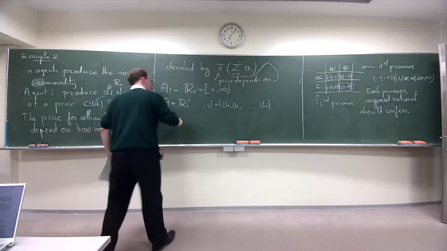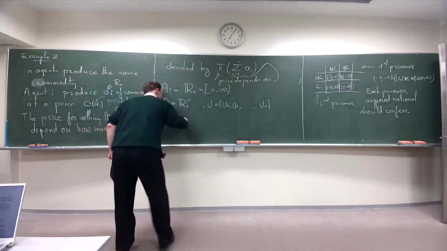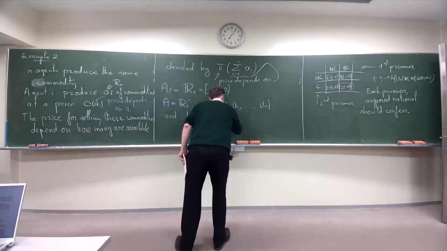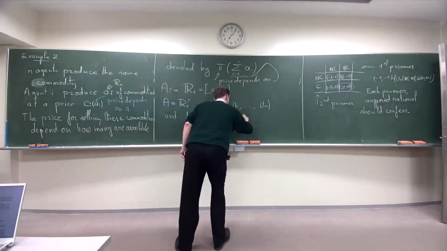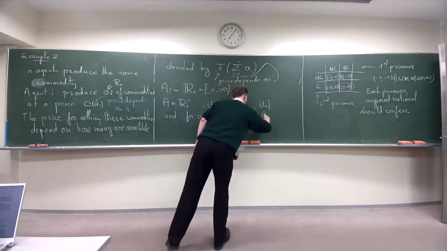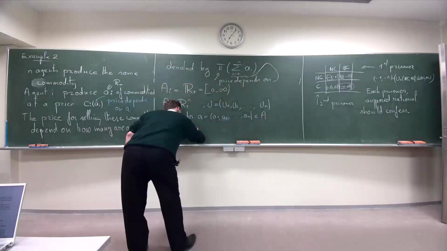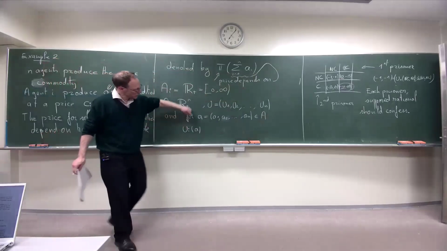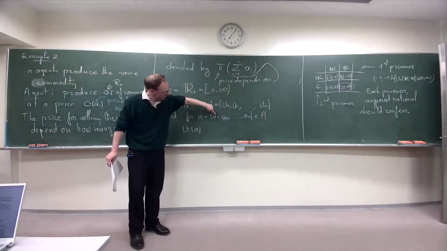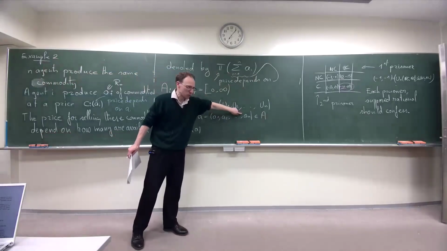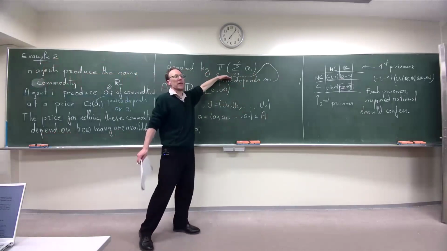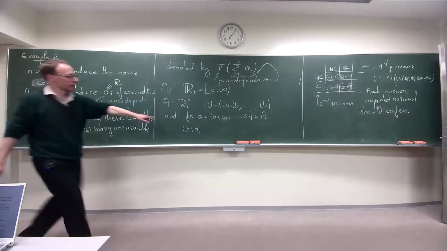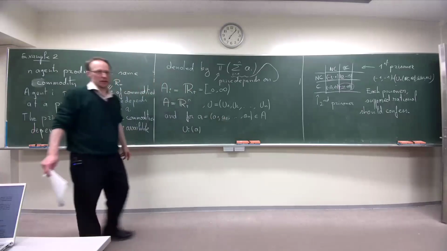Now you can wonder what is A, and what is U_i. You observe that U_i is going to depend on the number of commodities produced by the first one, the second one, up to the nth one. Why? Because the price depends on the sum. So it's really a function depending on the production of each agent.